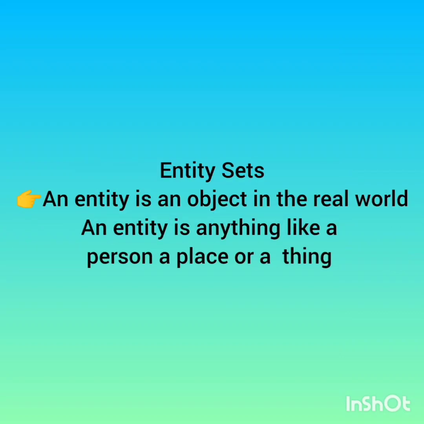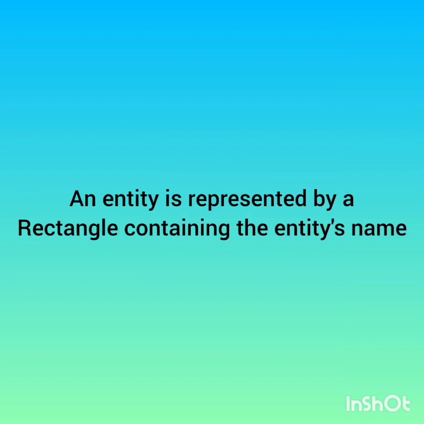Entity sets. An entity is an object in the real world. An entity is anything like a person, place, or a thing. An entity is represented by a rectangle containing the entity's name.